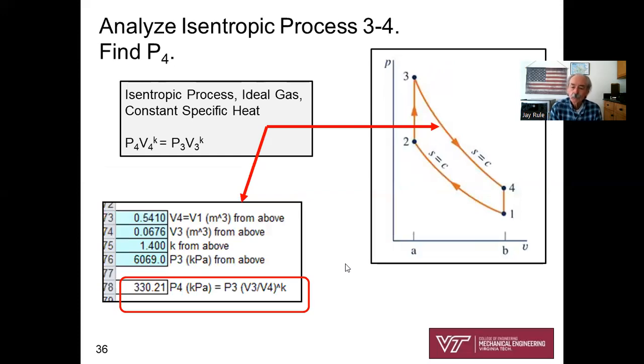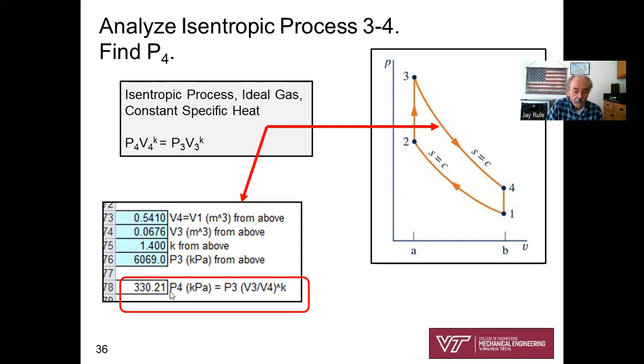We're up to process 3 to 4. We found P3, and we're working through the cycle points. That makes it easy to say P4 V4 to the K equals P3 V3 to the K. We know V4, that's V1, and we know V3, that's V2.